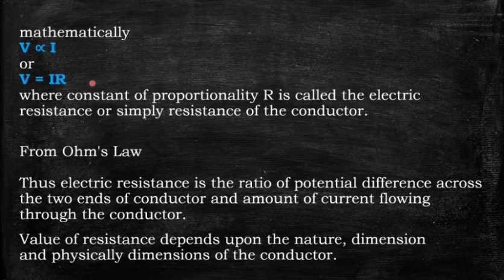It will not allow the current to flow fastly, or it will resist the current not to flow as usual. From Ohm's law, thus electric resistance is the ratio. We have discussed voltage is directly proportional to I, now let us discuss the equation in R, that is resistance.